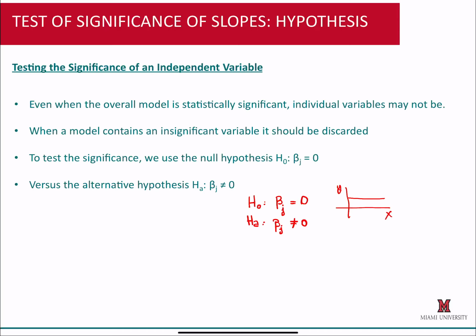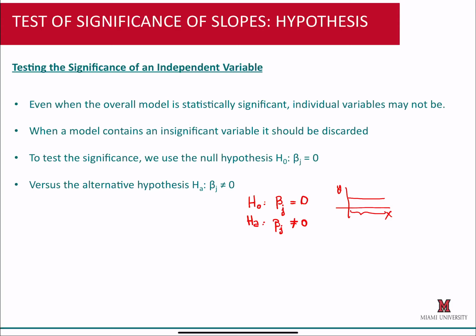So that means that for every level of x, y stays on average the same. So the null hypothesis is that the slope is 0, meaning there's no linear relationship between the variable j and y, versus the alternative that there is a relationship.